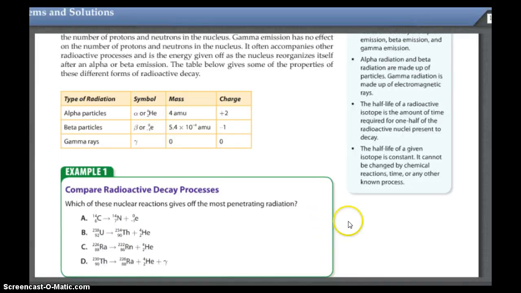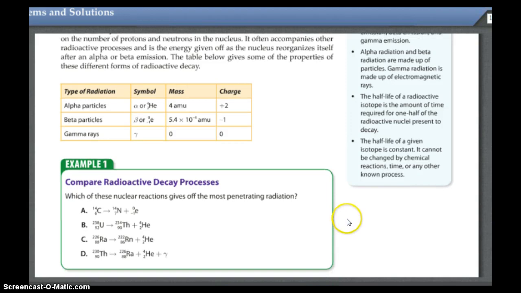Compare radioactive decay processes. Which of these nuclear reactions gives off the most penetrating radiation? All right, so we have carbon changing into nitrogen with an electron. So which one is that? Is that alpha, beta, or gamma? That one would be beta. All right. Uranium changing into thorium plus helium. What type would that be? That would be alpha.